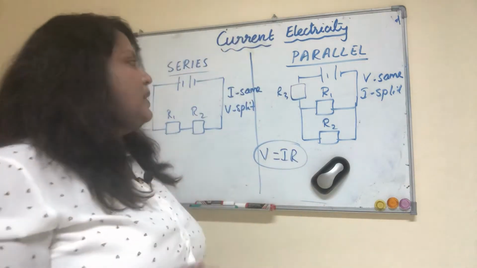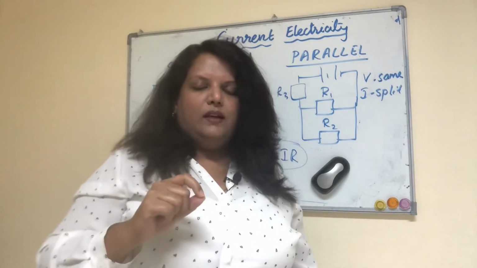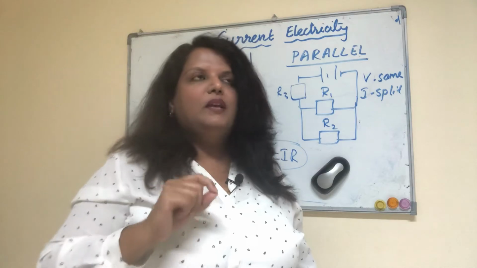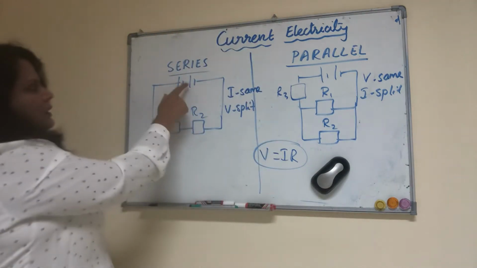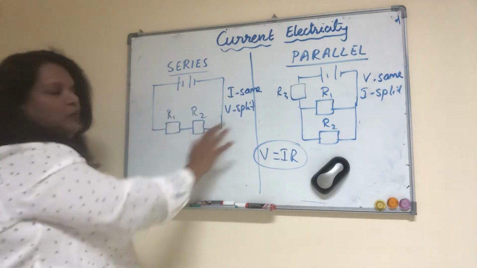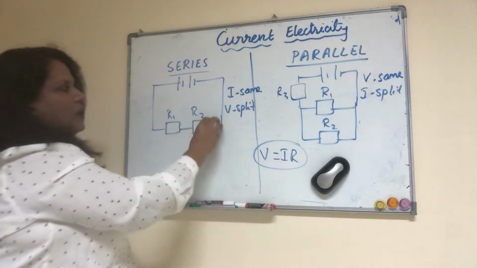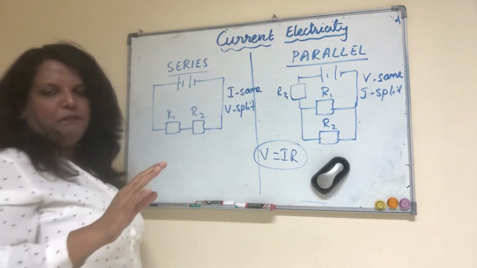That's point number 1. Point number 2 is that the value of current that you find will be the same for these components. Why? Because you have only one loop. Correct? In a series circuit, we have seen that at any point the current flow is the same.